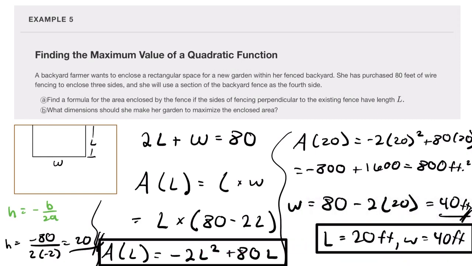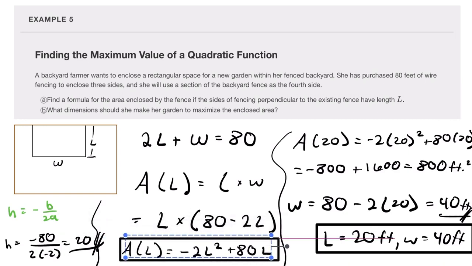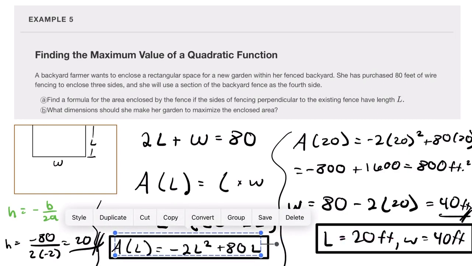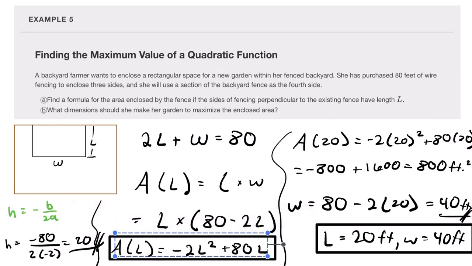Okay, and I'm gonna shrink this down just a little bit. Okay, I think this is good. I feel confident about this.